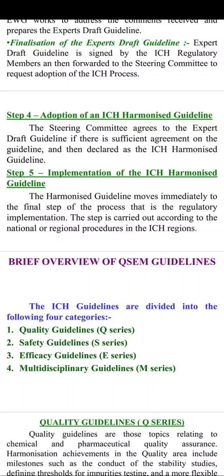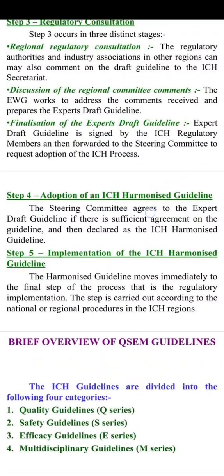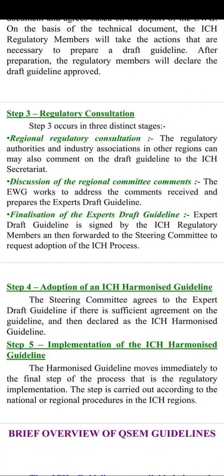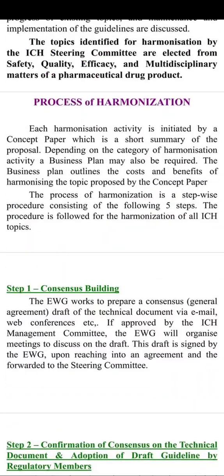The harmonized guideline moves immediately to the final step of the process, that is regulatory implementation. The process is carried out according to national or regional procedures in the ICH regions. This is the procedure for the process of harmonization.